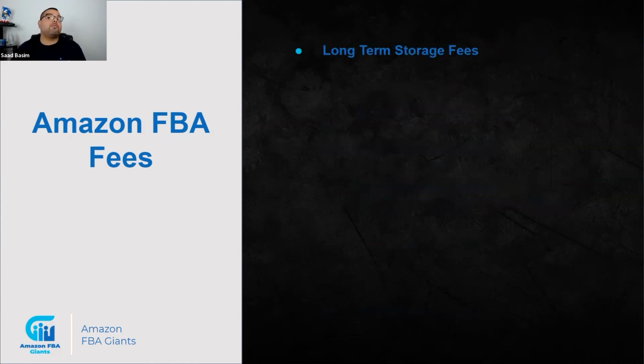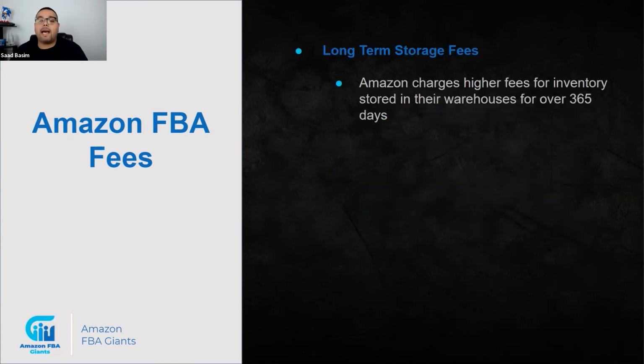Now, they have long-term storage fees, and that's what happens. Amazon charges a higher fee for inventory stored in their warehouse for over 365 days, which is a year. Now, with long-term storage fees, you don't want to have your product there more than a year. If it's more than 1 year in Amazon, you're in trouble because you're going to be charged a really, really hefty fee.